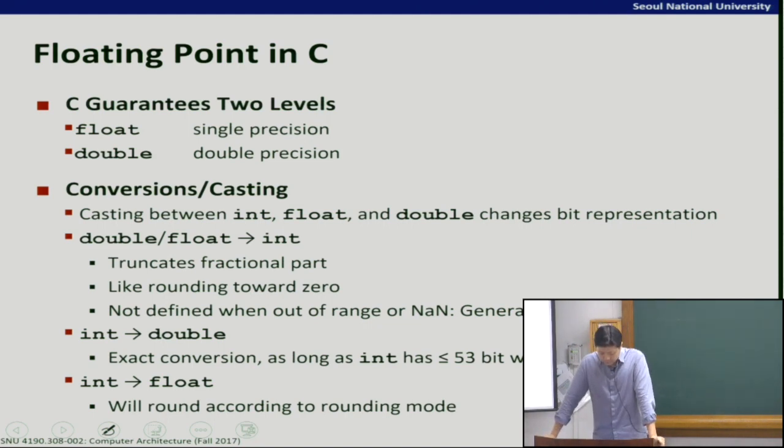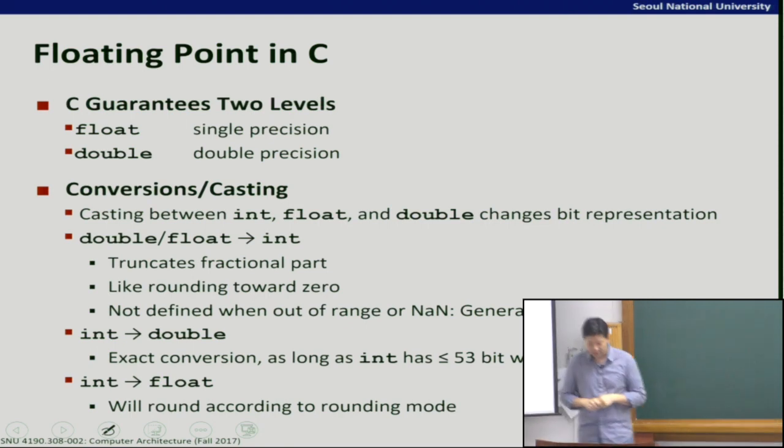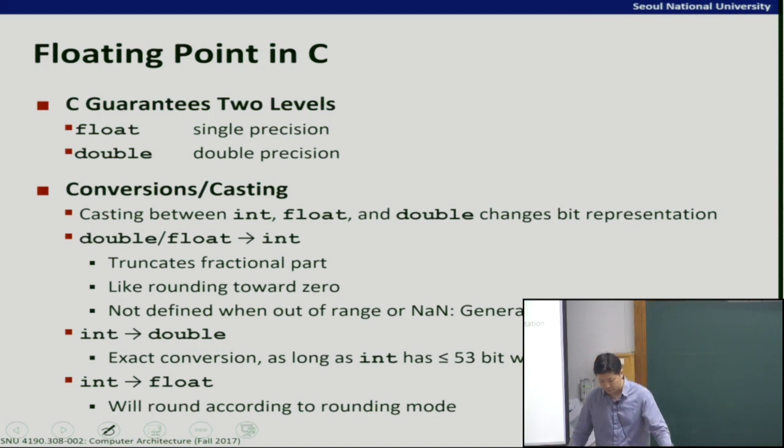So this truncates the fractional part, rounding towards 0. And it's not really defined if the number is out of range, like infinity or NaN. If you try to cast a not-a-number to an integer, the behavior is undefined.